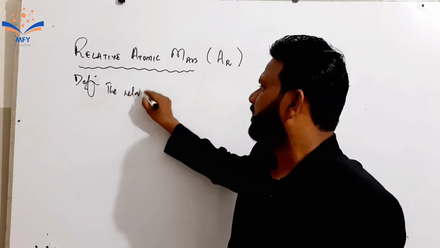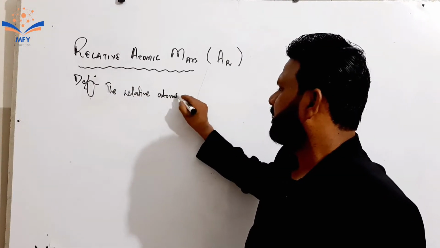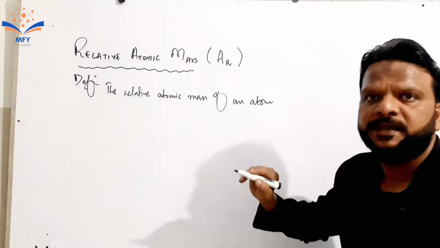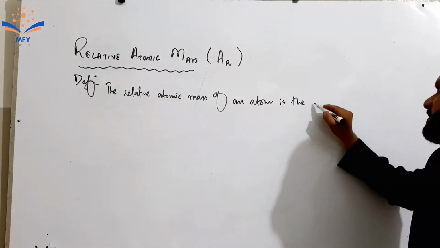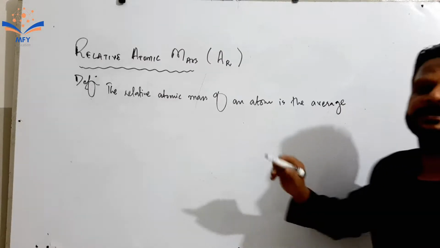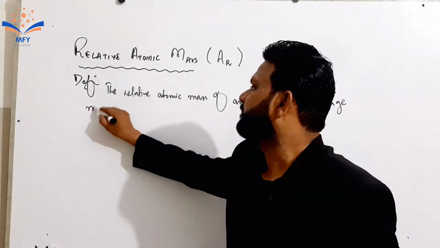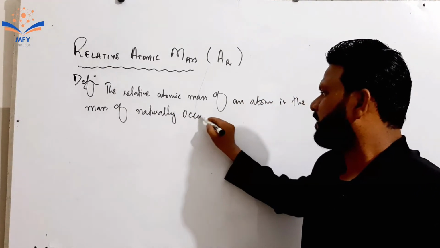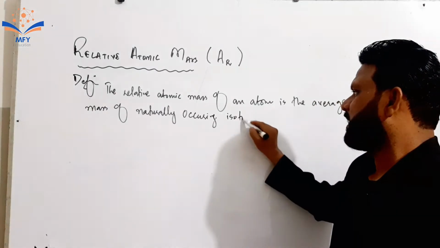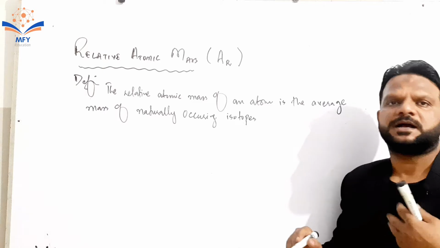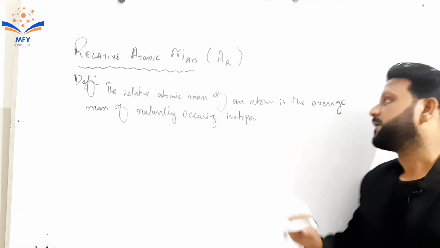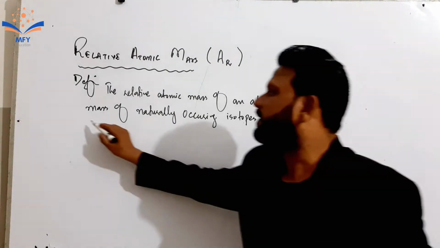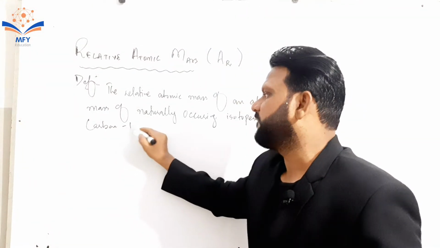The relative atomic mass of an atom is the average mass of naturally occurring isotopes compared with carbon 12.